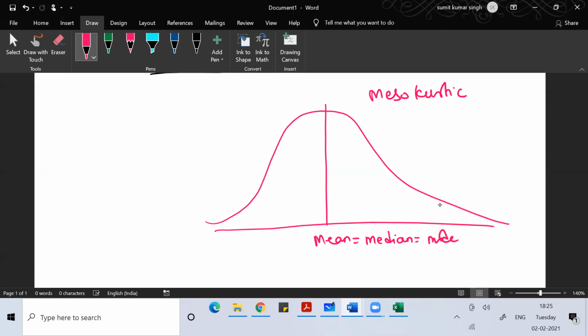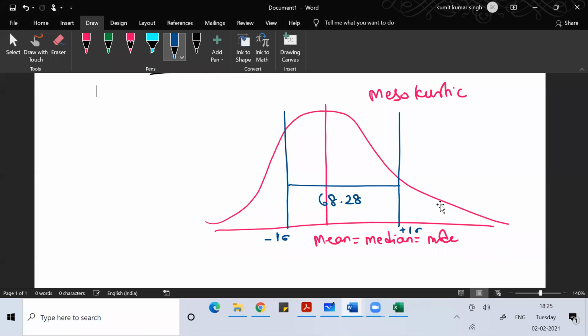Under the standard normal distribution curve, we talk about the measure of central tendency, which is discussed by mean, median, and mode, which lie at the center. When we talk about the measure of dispersion, approximately 68.28% of data will lie within plus minus one standard deviation.